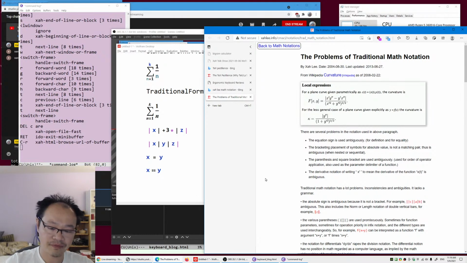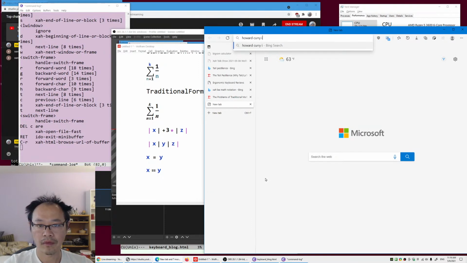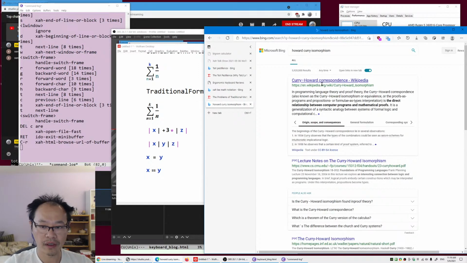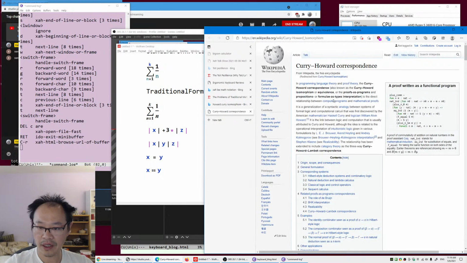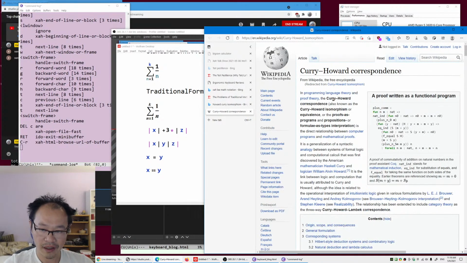For example, if you are a Haskell programmer, you might have heard of the Curry-Howard correspondence or Curry-Howard isomorphism. This is a theory that connects computation with mathematics.